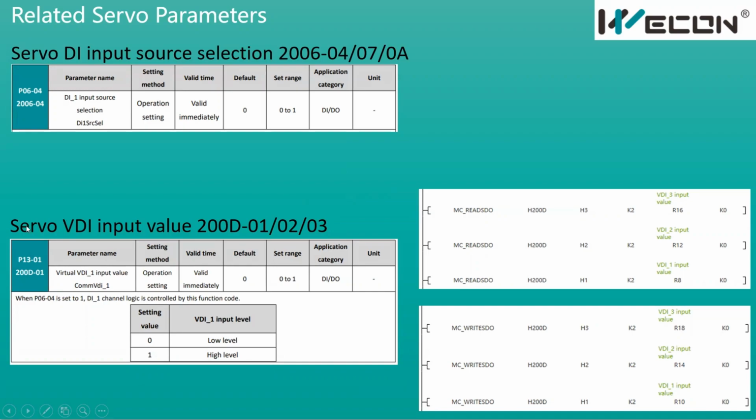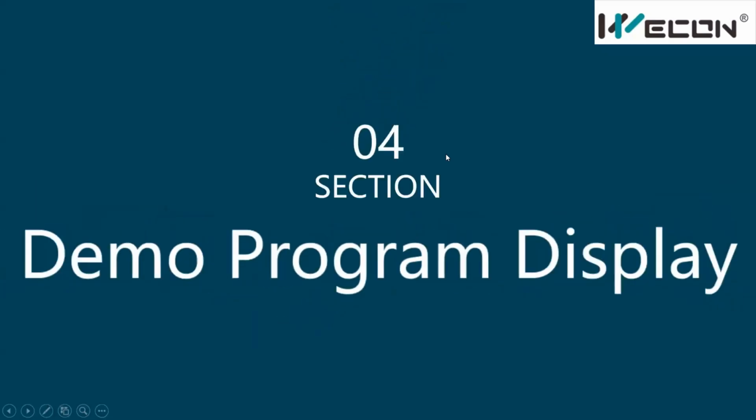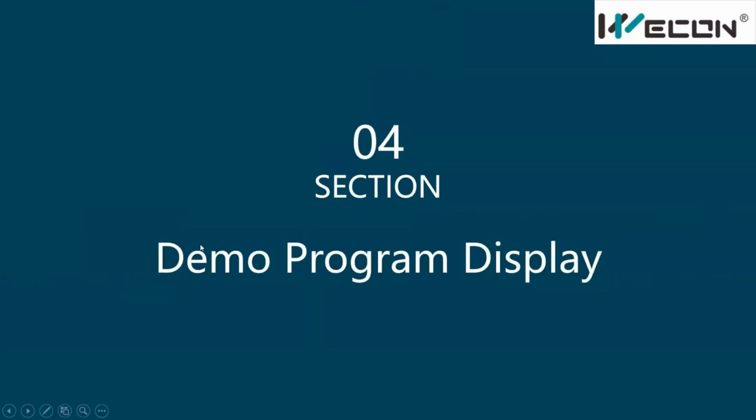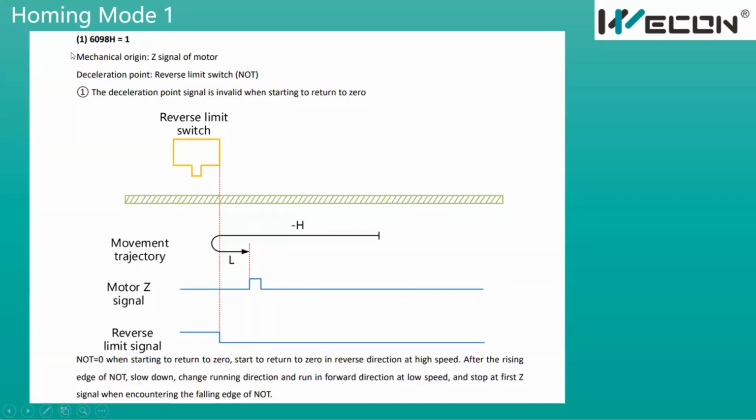So here we also have a VDI input value address, this one, and use MC read SDO and MC write SDO to change the VDI input status. And now I will use the demo program to show it. I will take homing mode 1 as example.